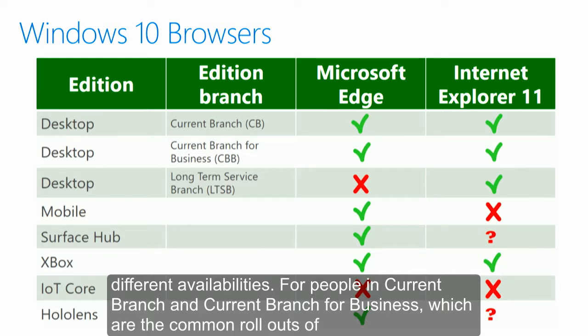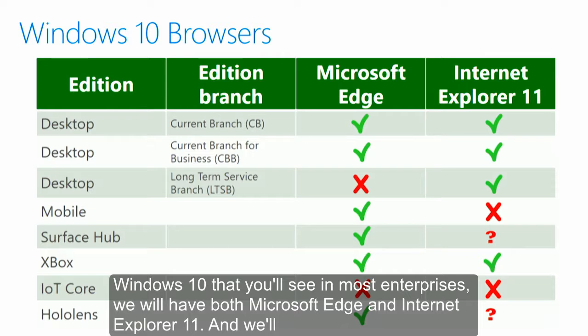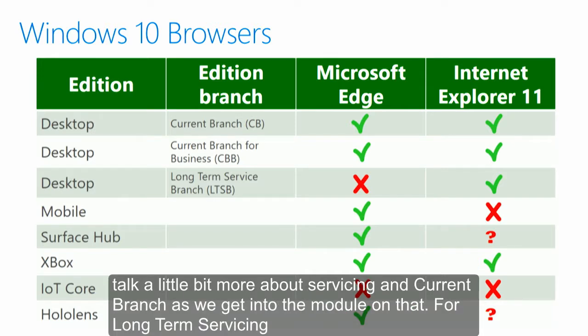For people in current branch and current branch for business, which are the common rollouts of Windows 10 that you'll see in most enterprises, we will have both Microsoft Edge and Internet Explorer 11. We'll talk a little bit more about servicing and current branch in the module on that.